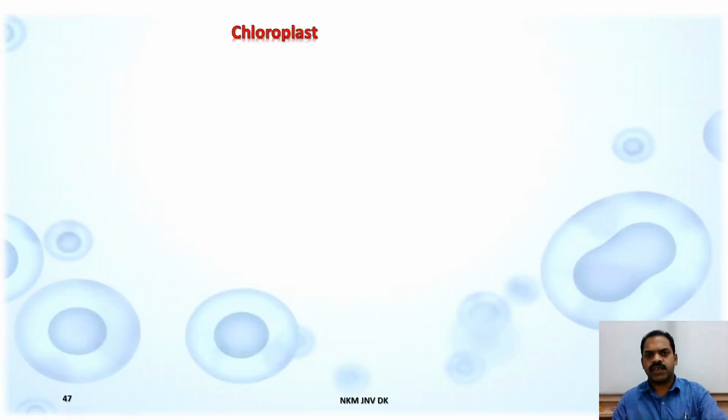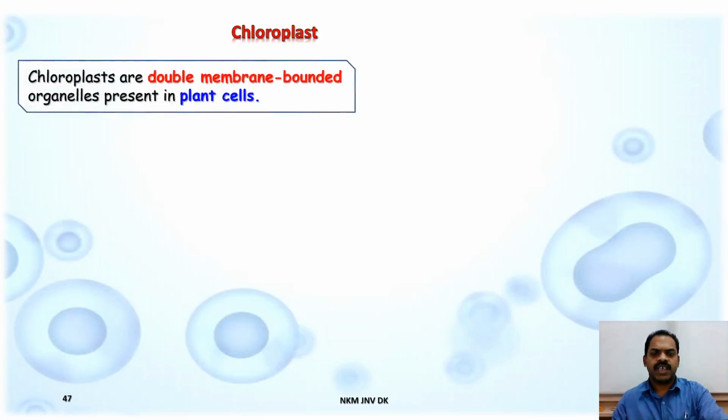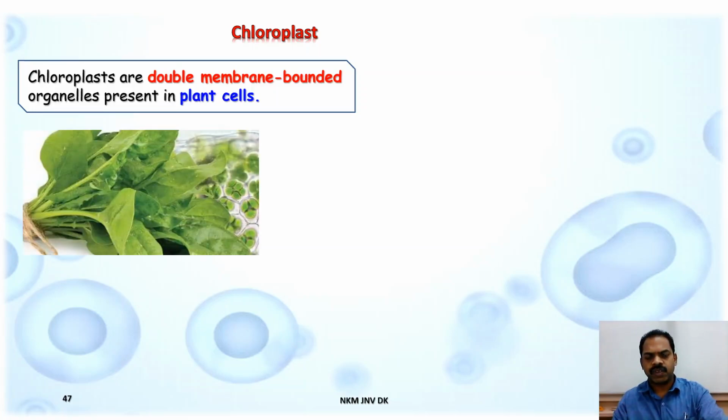Okay, the next one is chloroplast. The chloroplast has a double membrane bounded structure. That is a special feature, again a eukaryotic special feature, a double membrane bounded organelle, and that is a main characteristic of plants.